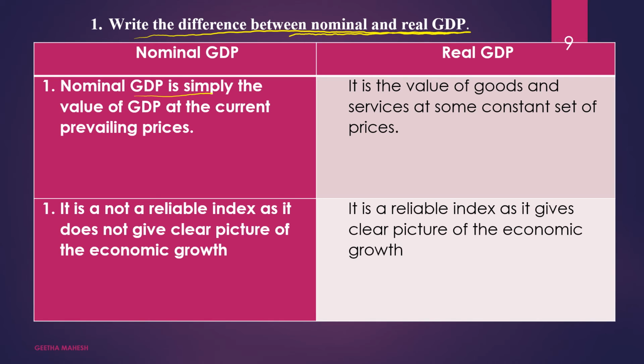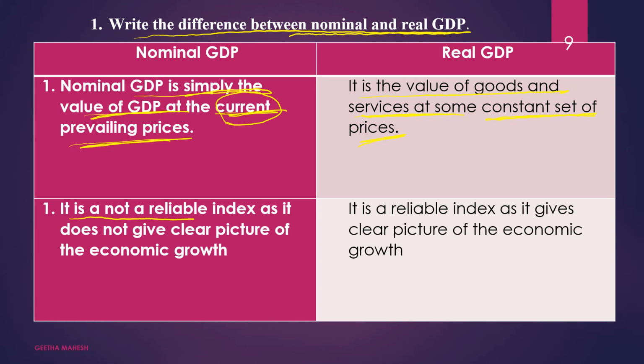Nominal GDP is simply the value of GDP at current prevailing prices. So GDP is calculated by considering the current year prices. Real GDP is the value of goods and services at some constant set of prices, usually a base year.